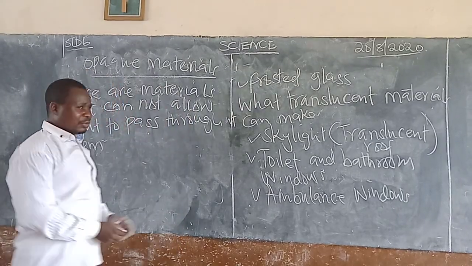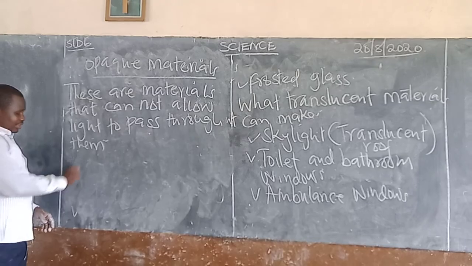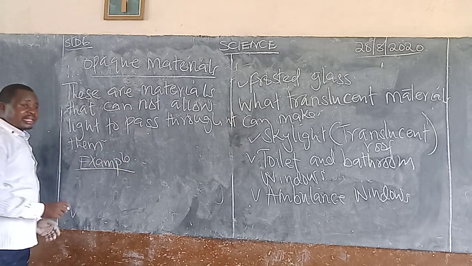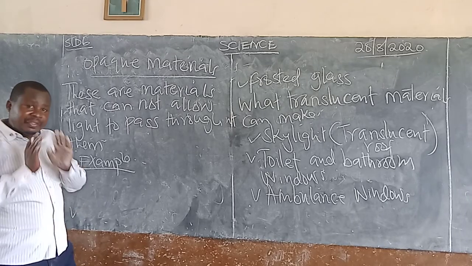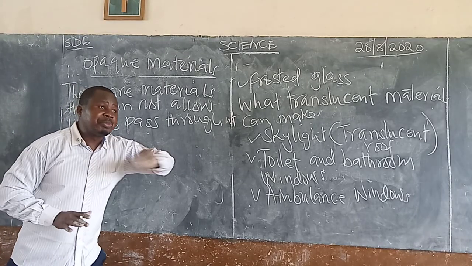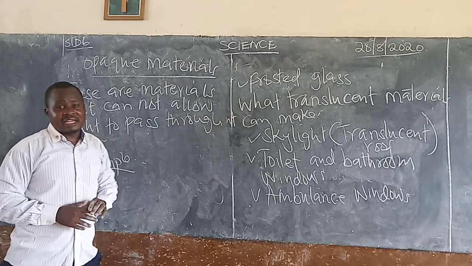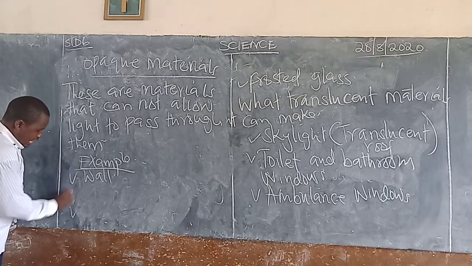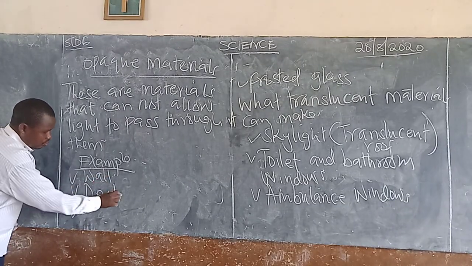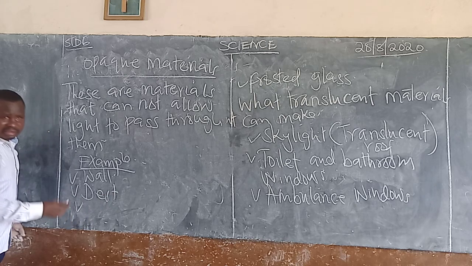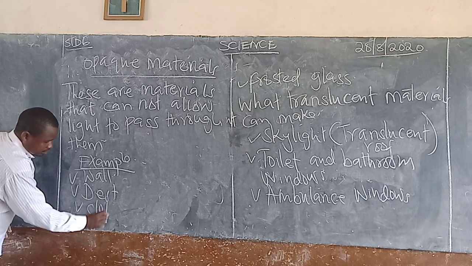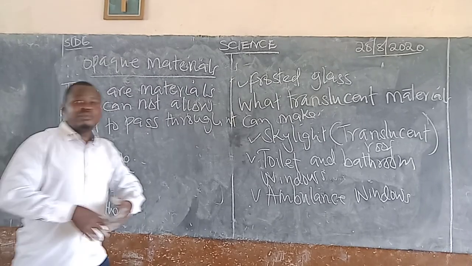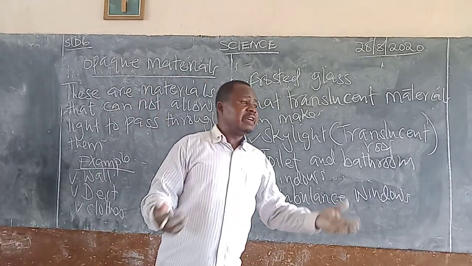Now, let us see examples of these materials. Examples of these materials are materials that light cannot penetrate and pass to the other side. For example, we have the wall, we have desk, we have clothes, but some clothes, we have shoes, we have, name them. There are very, very many.